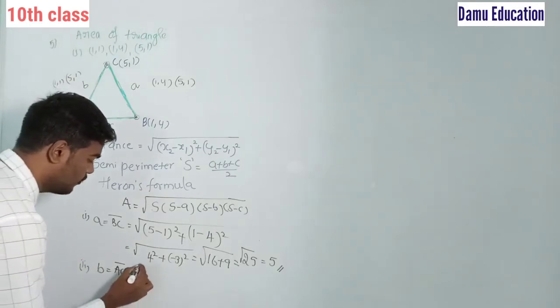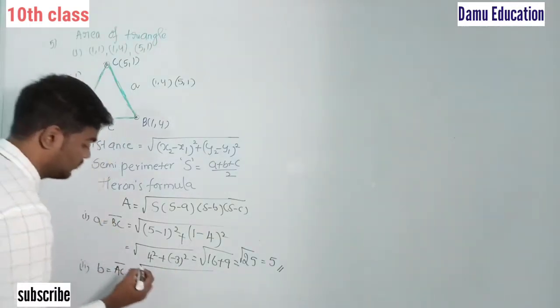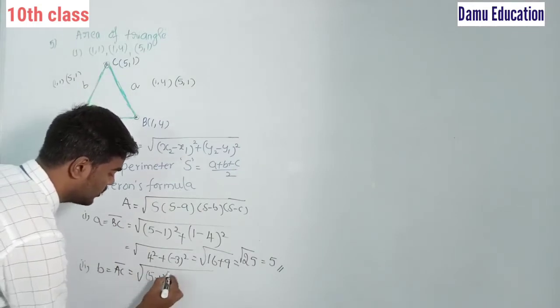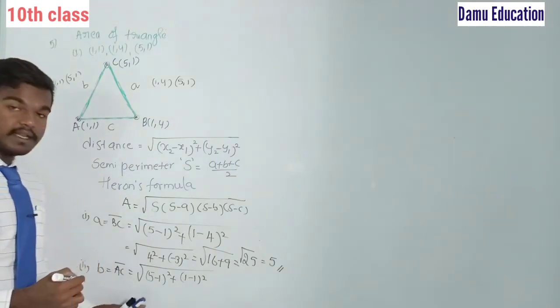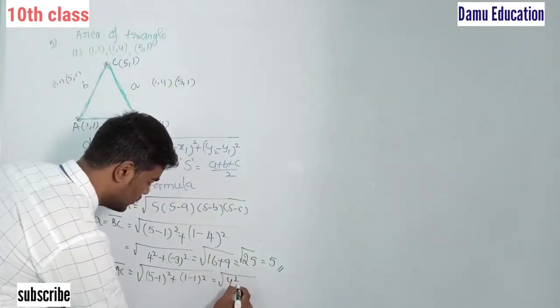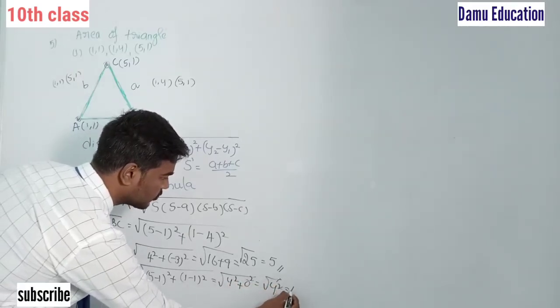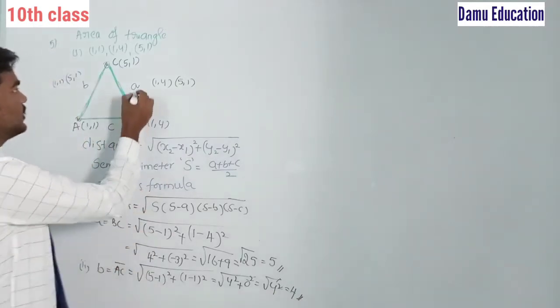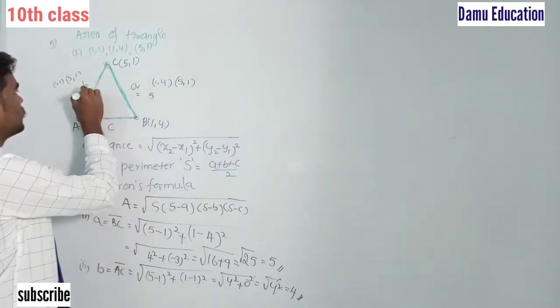So the square root of x2 minus x1, that is 5 minus 1 whole square, plus 1 minus 1 whole square. That is the square root of 4 square plus 0 square, that is the square root of 4 square. The square root cancels the square, giving 4. So a is equal to 5 and b is equal to 4.